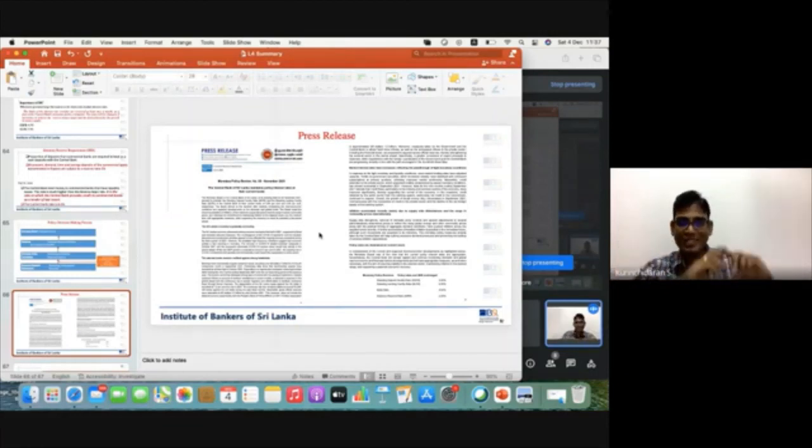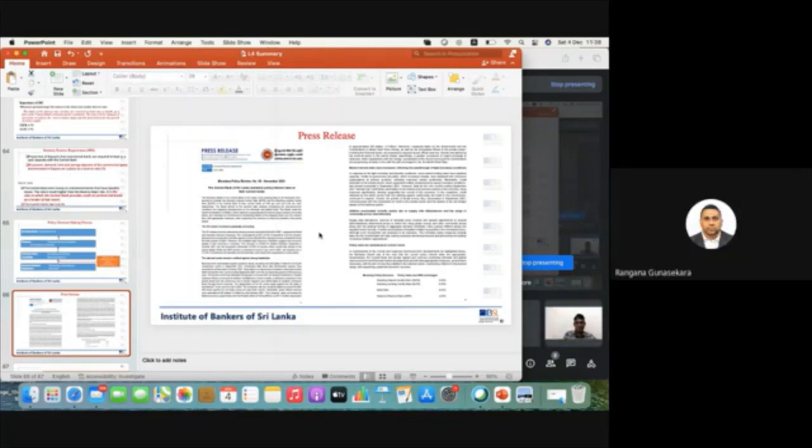This is the signal the central bank is giving, that every rate is going to increase. So definitely that will pass on to the customer. It will take some time, but the lending rate moves faster than the deposit rate. You got the point?